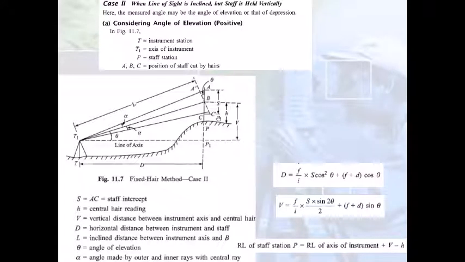So, like we did previously, let's see this picture in which theta gives you the elevation angle between the horizontal line of sight and the new middle hair line of sight, and over here the staff is held vertically. If you draw another line which gives you a 90-degree angle between the new line and the line of sight, the angle between the vertical staff and this newly introduced line would be theta.